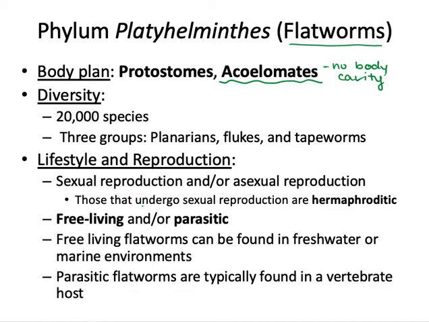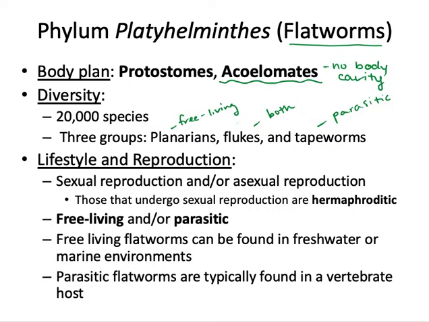The ones that do undergo sexual reproduction are hermaphroditic, which means there are not separate male or female sexes. They can be free-living or parasitic. Specifically, our planaria are going to be free-living. Our tapeworms are going to be parasitic. And our flukes are going to be both. They have a life cycle that includes both stages.